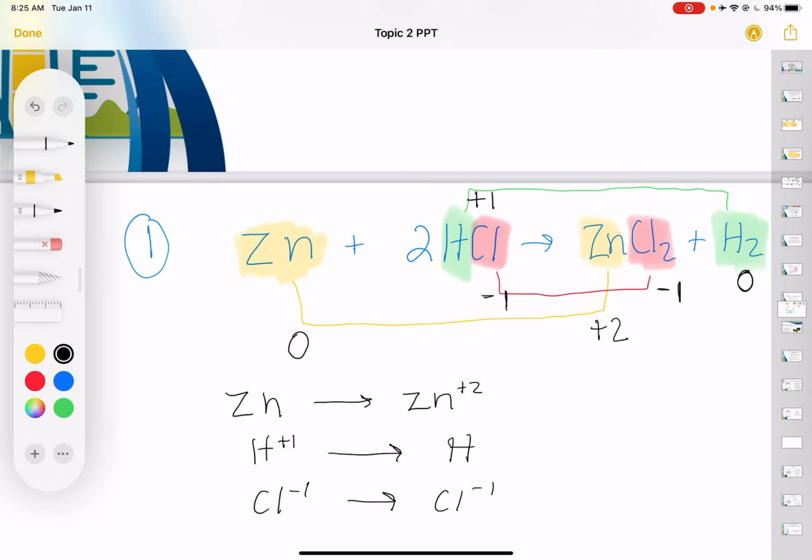All right, so it's asking us, we just have to identify which one's which. So Zn goes from 0 to +2. So when you go from 0 to +2, I'm going to write my oil rig here. Remember, electrons are negative.